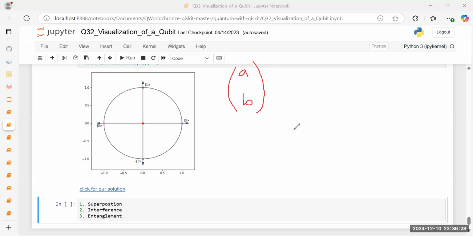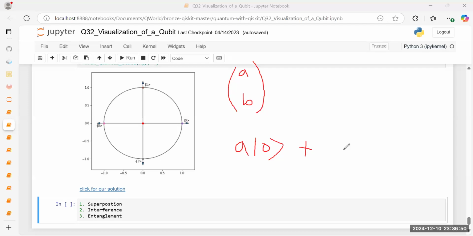So the vector you see here, I'm going to write it in linear form. I have A, that's my amplitude for the 0 state.